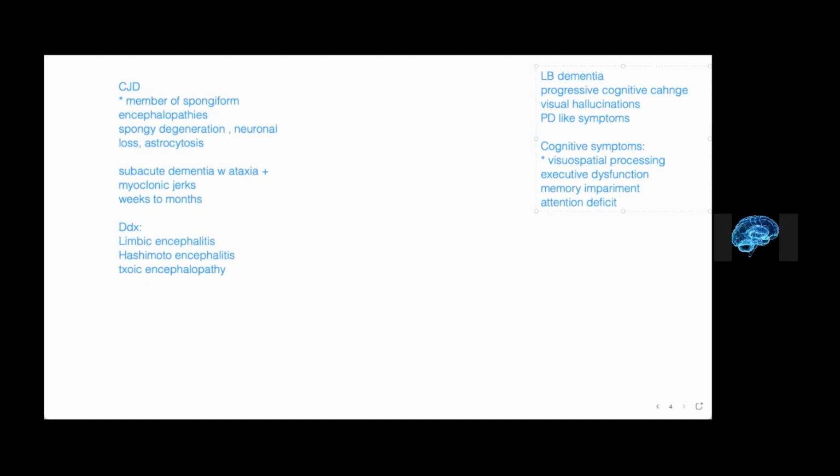So Lewy body deposition can occur in other parts of the brain. For example, the internal capsule, the head of caudate, the lentiform nucleus.